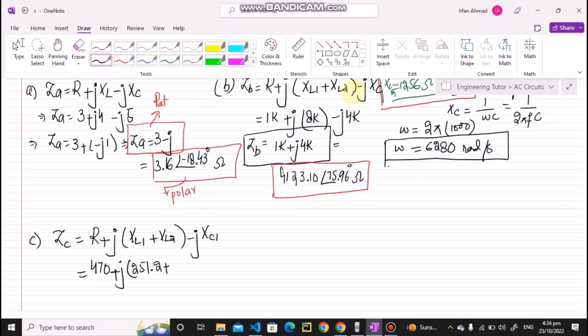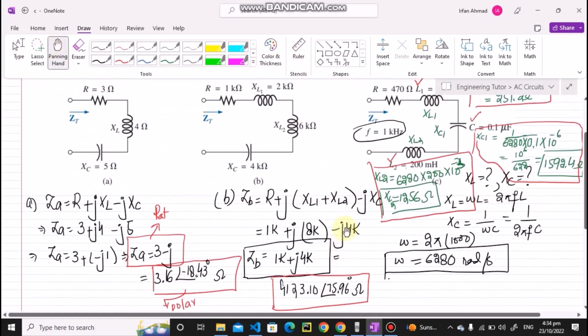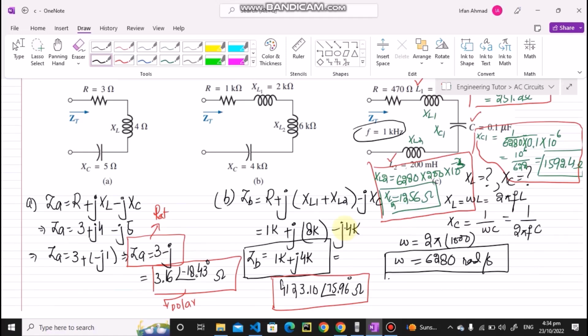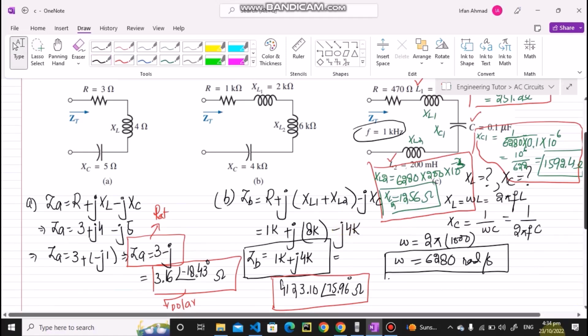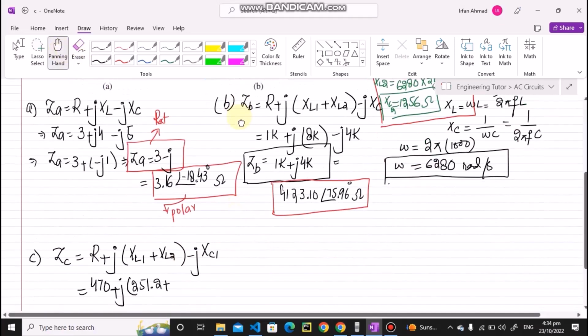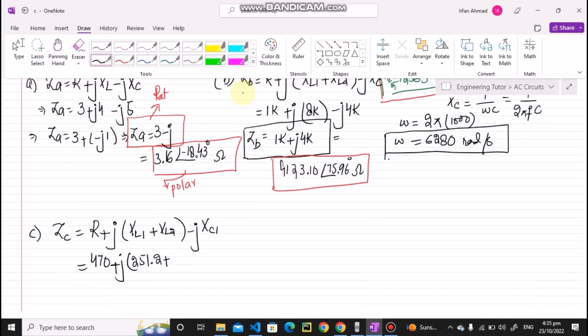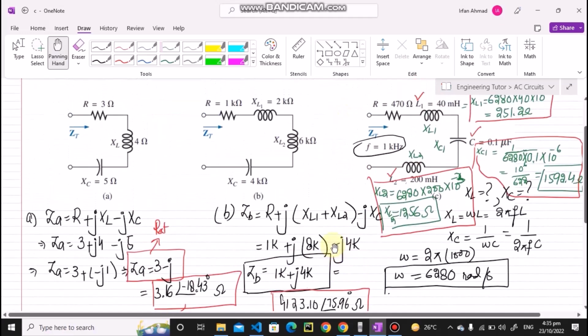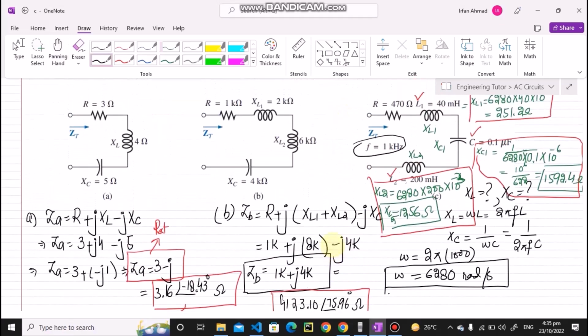And the value of XL2 was 1256, we have calculated it here. Now minus j XC1. The value of XC1 is 1592.4, and this is for XC1.